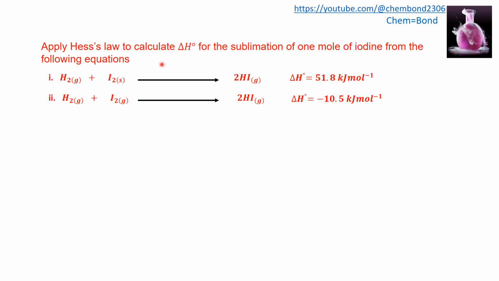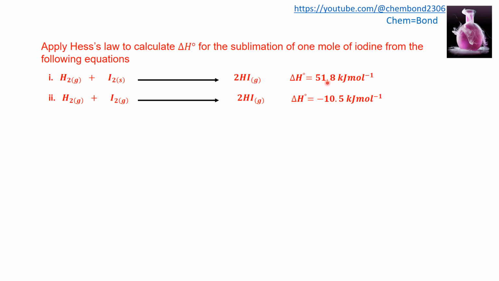Apply Hess law to calculate delta H naught for the sublimation of 1 mole of iodine from the following equations. Sublimation is the conversion of a substance that is in solid form directly to gaseous form. So two reactions are given. In the first, H2, hydrogen in gaseous form, combines with iodine in solid form and produces 2 moles of hydrogen iodide.